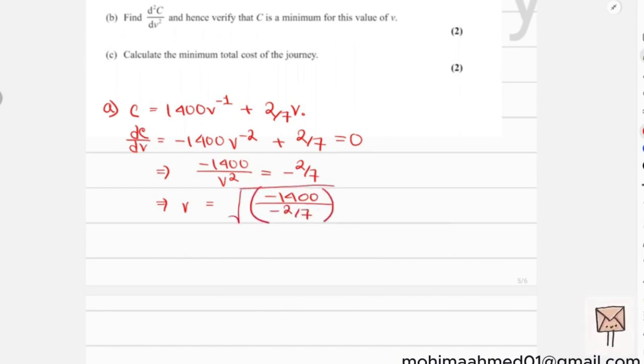If you take the square root on the left and right hand side, this is how it will look. 1400 times 7 over 2, sorry, you get 70. The value for v when dc by dv is 0, when c is at a minimum point, is 70. That means the speed of v kilometers per hour for the minimum c is 70.